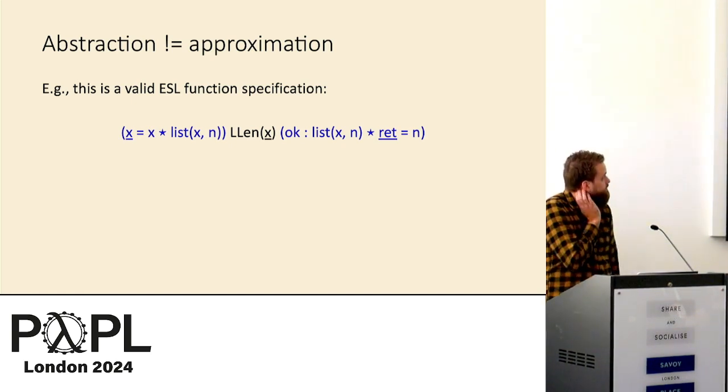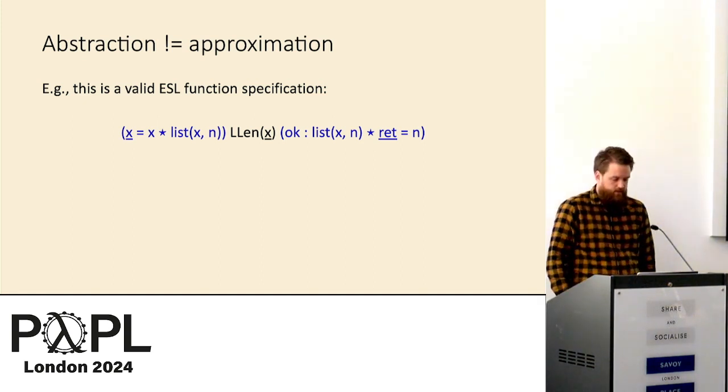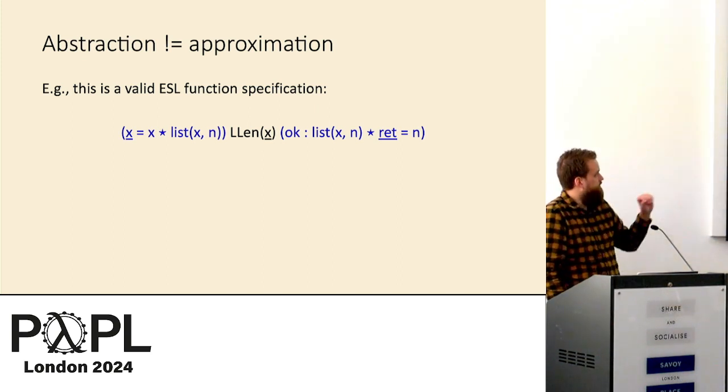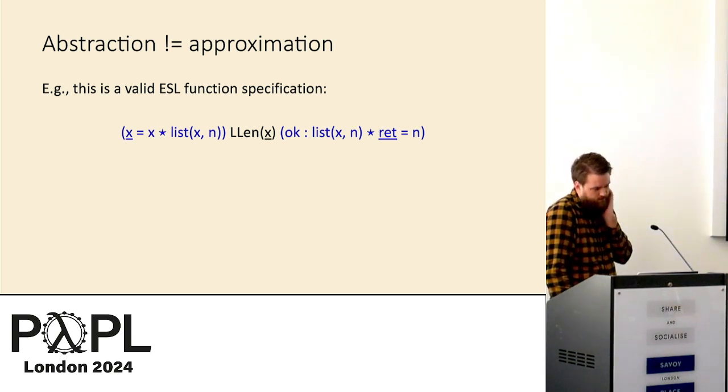So this kind of function specification, where the list predicate here is just the normal inductively defined list predicate, meaning that we have a list in memory which is of length n, and the function is just a list length function. So this spec is valid in this exact separation logic.